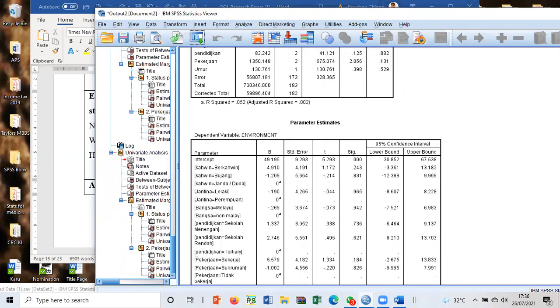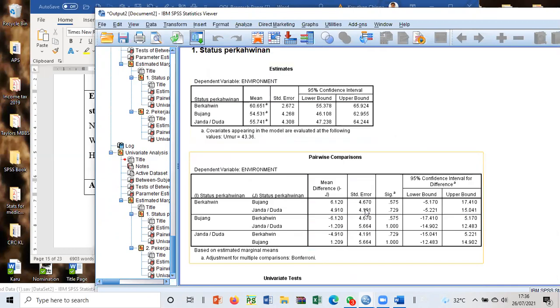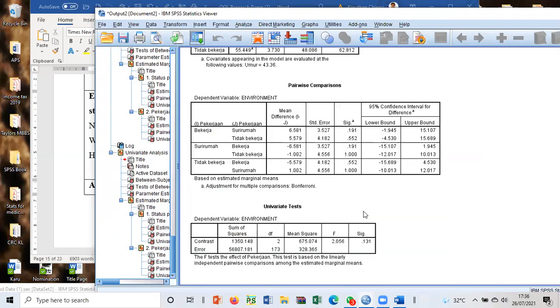Nothing. But still enter the values. So for all these marginal means, nothing significant. Earlier, one of the groups found that education made a difference. Those with higher education were lower in terms of environment. Maybe the expectation was higher. In this case, there's nothing there.